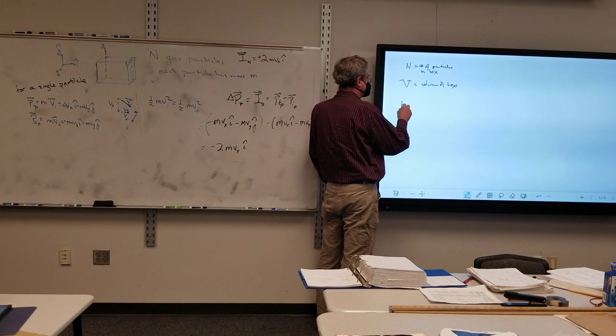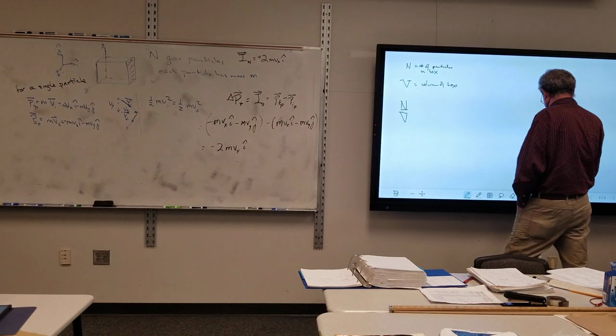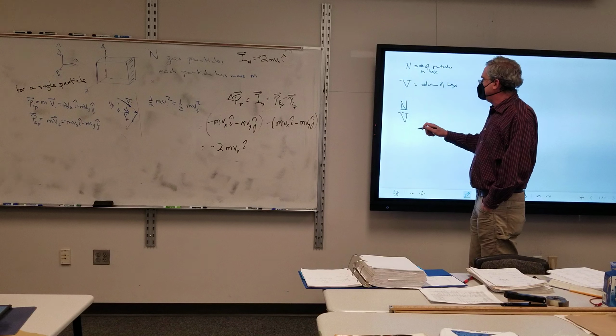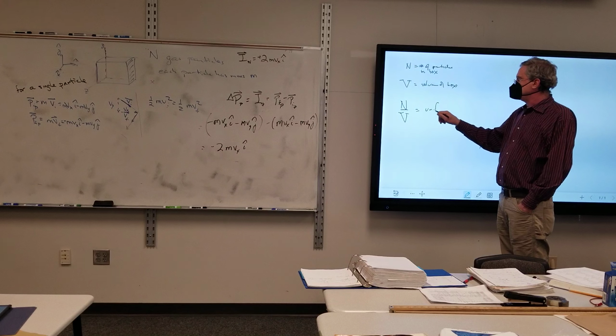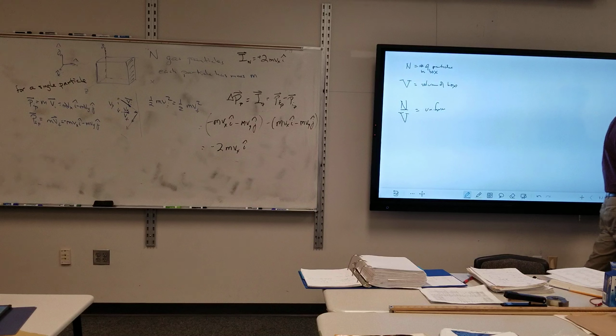But I am making the assumption that N over V is uniform. So the particle density is uniform, another way of saying the exact same thing.